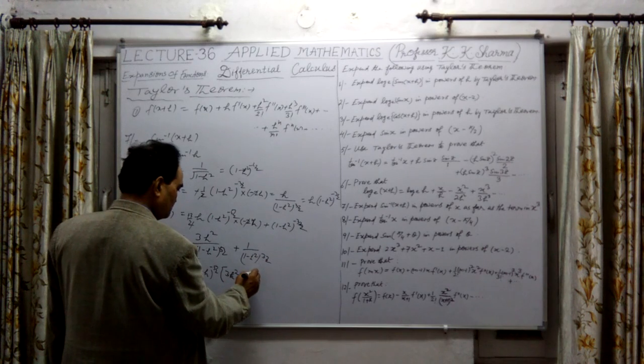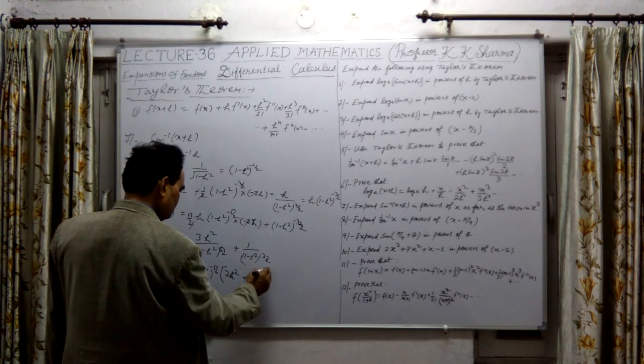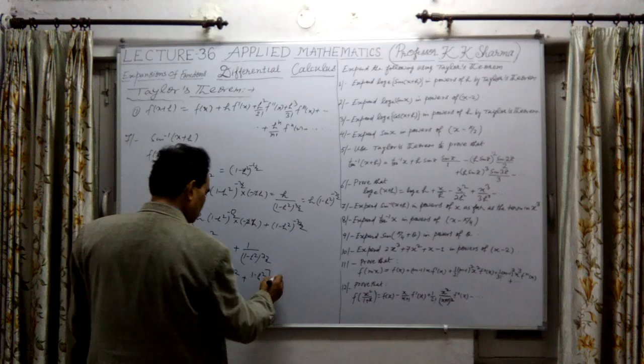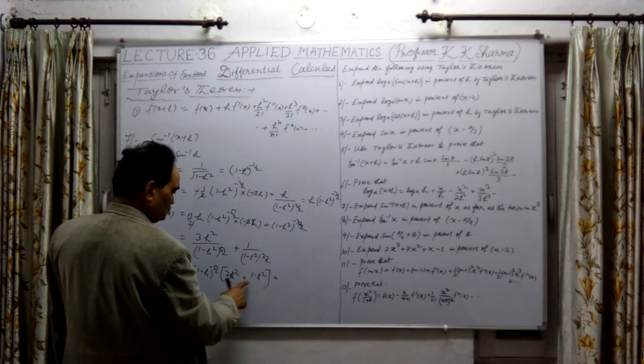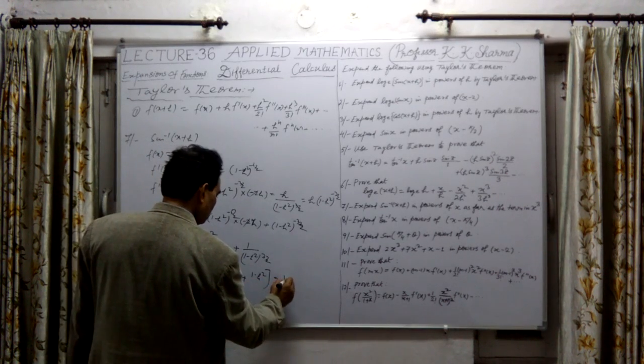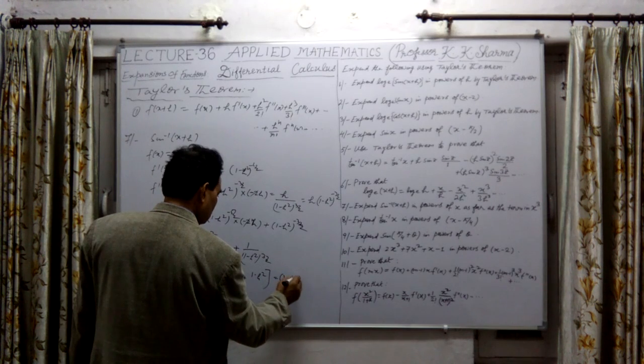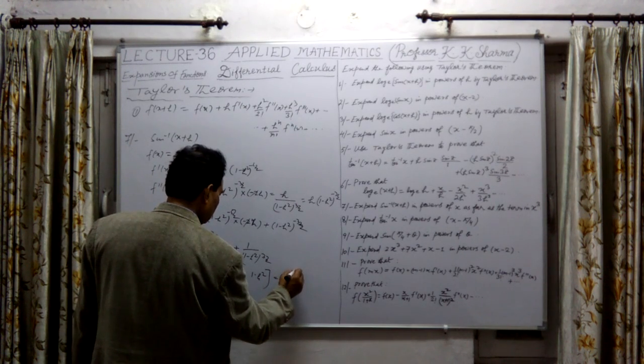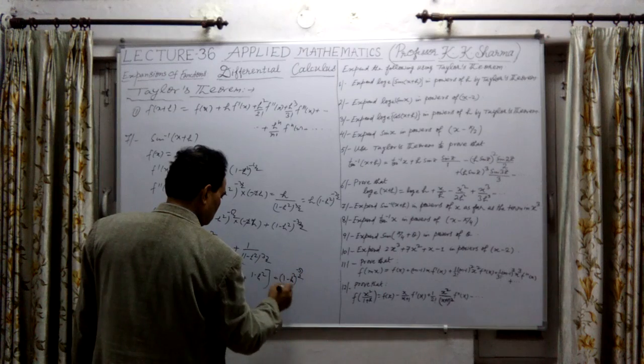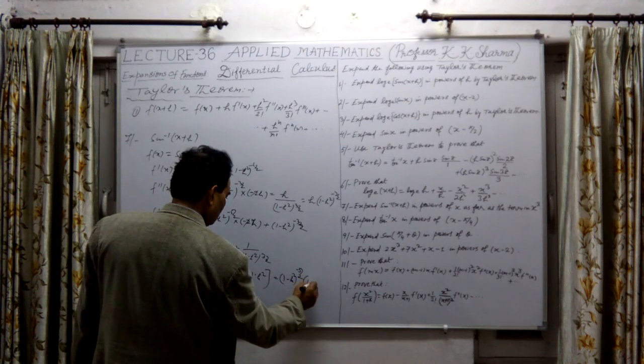So in the numerator we will get 1 minus h square. That is equal to 2h square plus 1. So this is (1 minus h square) whole power minus 5 by 2 into (1 plus 2h square).